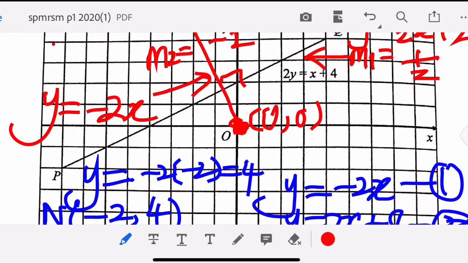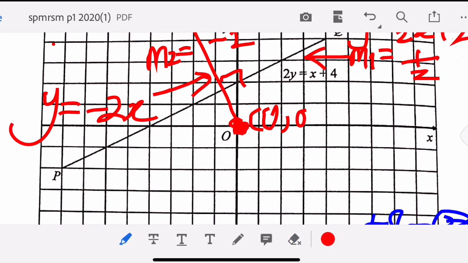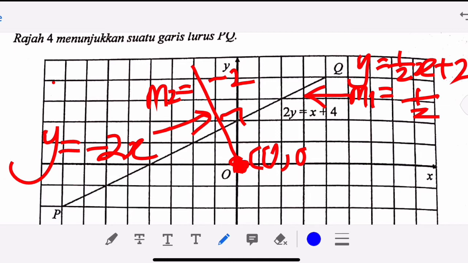Let's label. How to label the point? Okay, so let's study the scale first. It seems like the y-intercept is 2, x is 0, right? Y is 4 over 2 is 2. So that means here is 2. That means here 1, here 0.